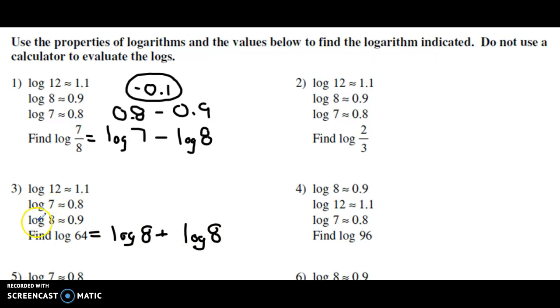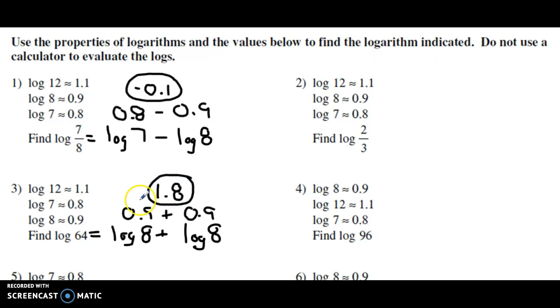So I know log of 8's approximate value is 0.9 or 9/10. So that means that I can just add 9/10 and 9/10. And that'll give me an approximation. So 1.8. So the log base 10 of 64 is approximately 1.8.